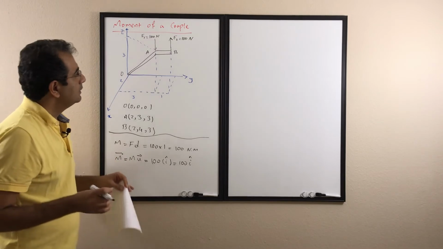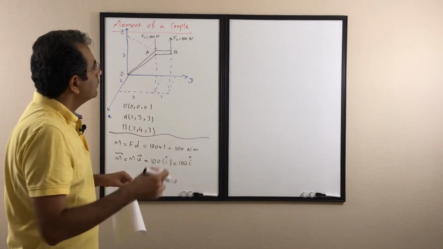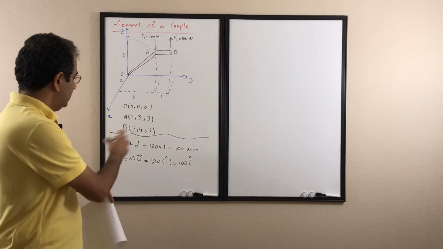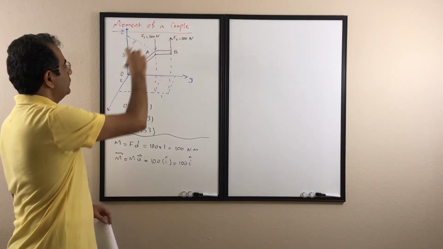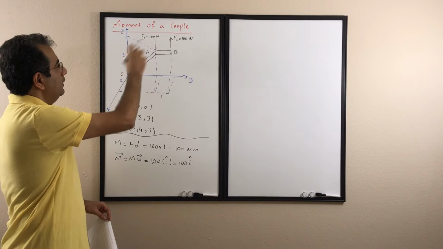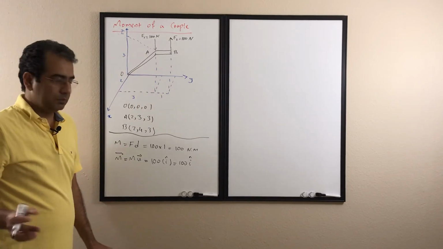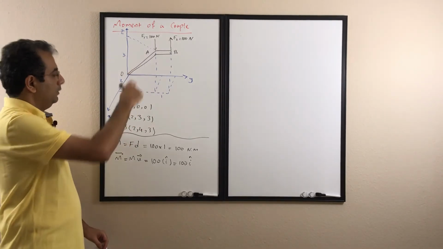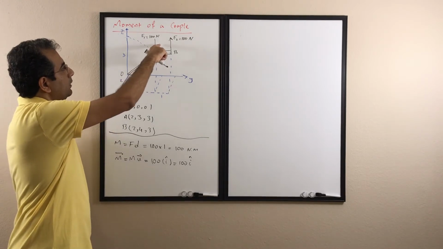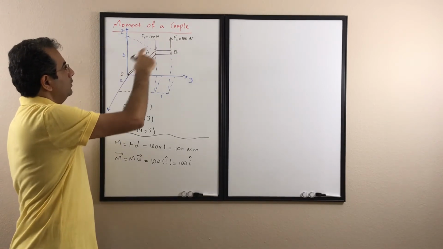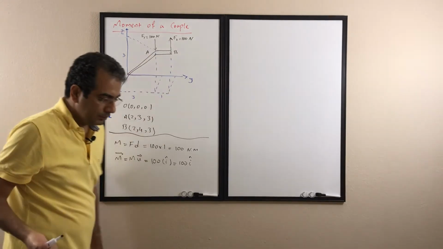The second method is to calculate the moment of each of these forces with respect to a given point and then add them all together. So the second method, how to calculate the M: I calculate the moment of F1 with respect to O, and F2 with respect to O, and add them together.